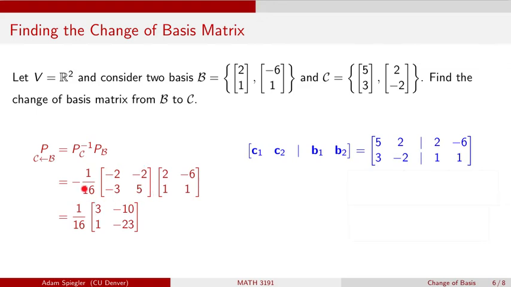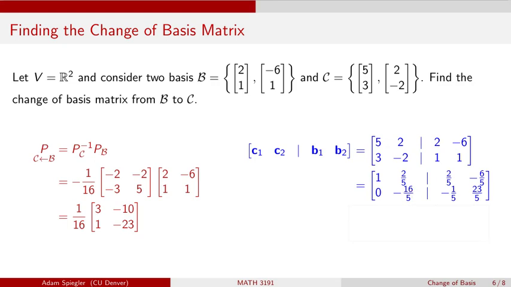It's going to be equivalent to inverting the matrix C. So for example, we could start with this matrix, which has C1, C2, B1, B2, and then I start applying row operations so that the matrix of columns from basis C, I start to write it as the identity matrix.